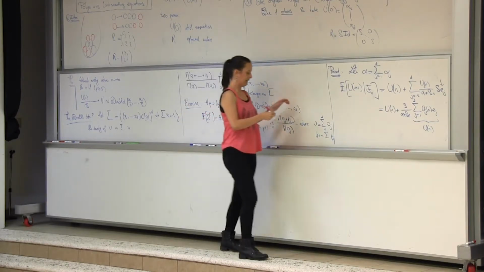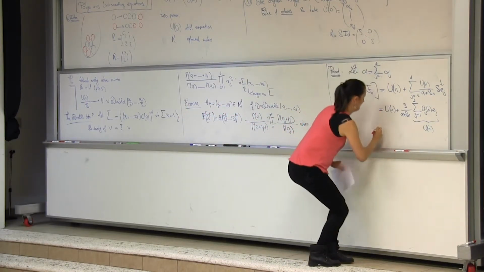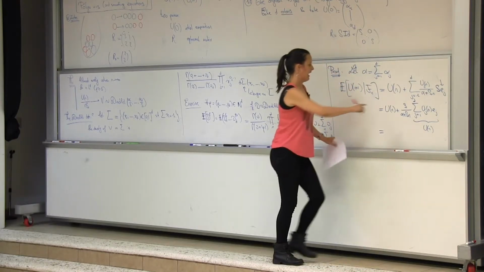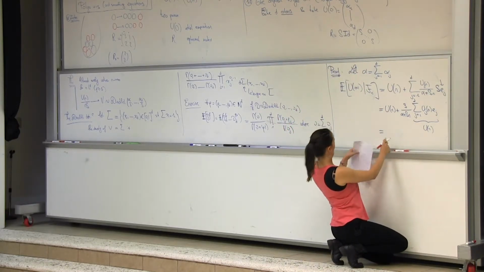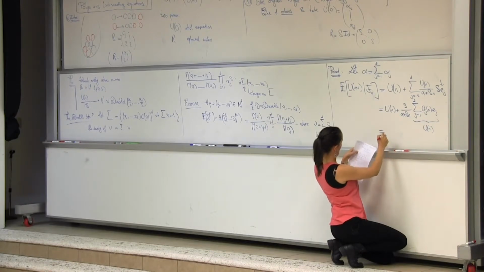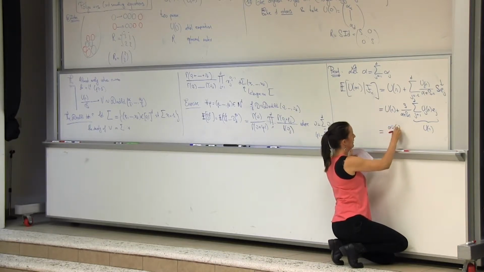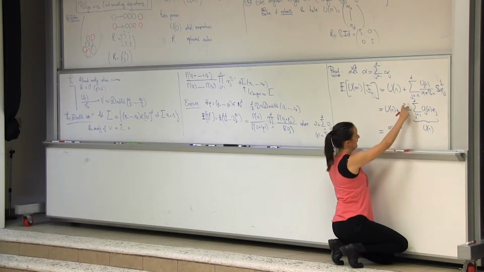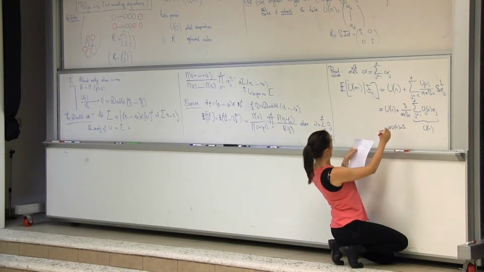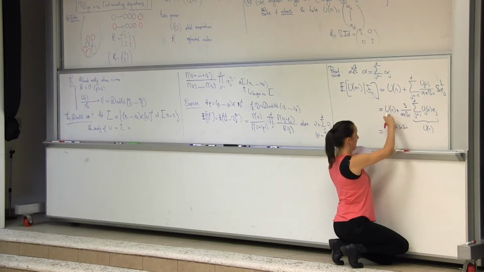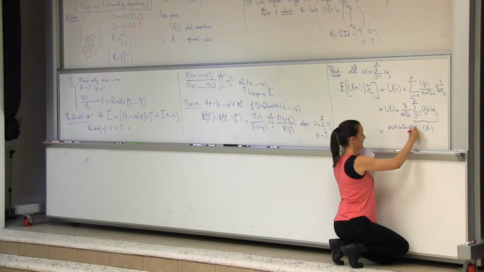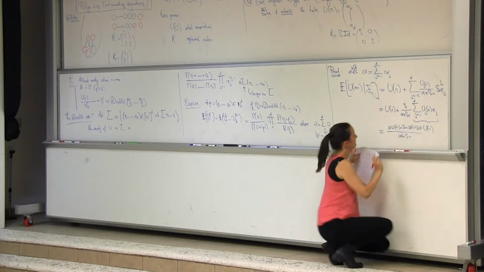So somehow what I've written now is that this is alpha... I'm a bit lost suddenly. What do I have at the top? I have alpha U(n) coming from here, plus s n U(n) coming from here, plus s U(n) coming from here, divided by alpha plus s n.